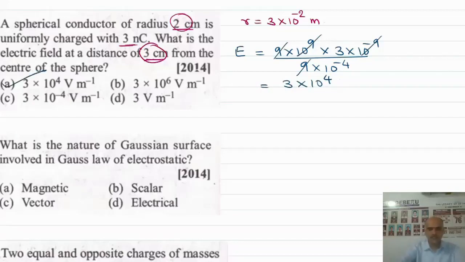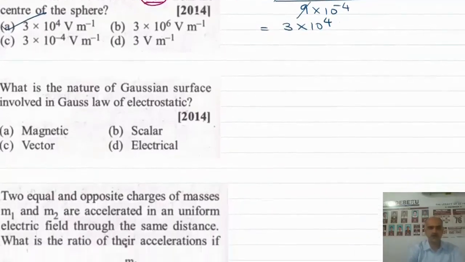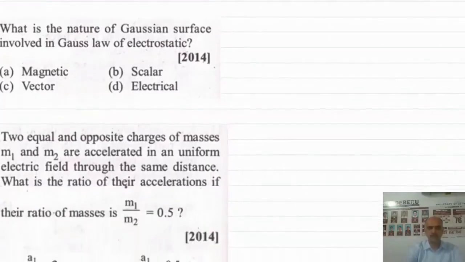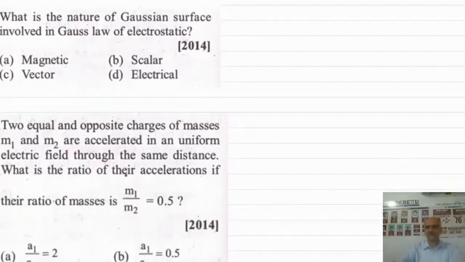Next, what is the nature of Gaussian surface involved in Gauss law of electrostatics? What is the nature of Gaussian surface? So many people get confused here. If you take the definition of flux, flux is given by E cos theta into ds, where ds is cross sectional area, or you can say it is E into ds into cos theta.